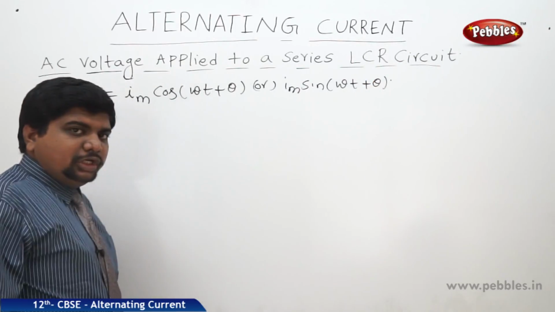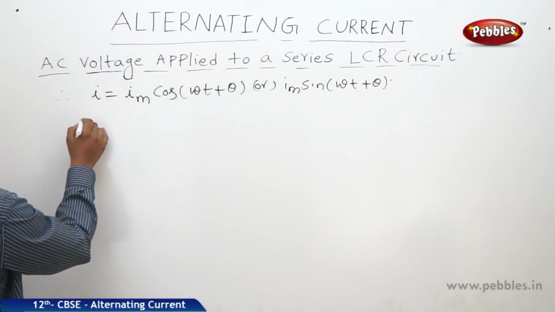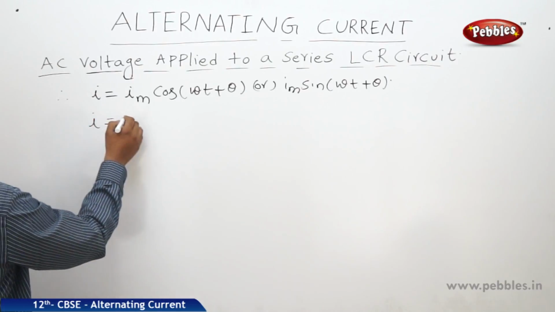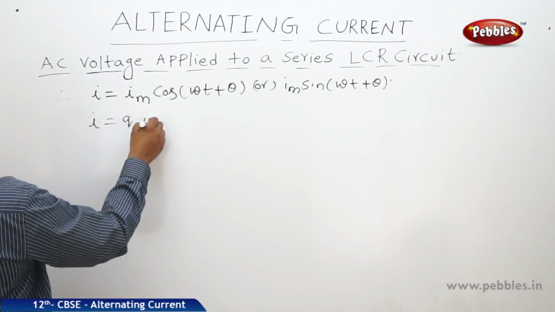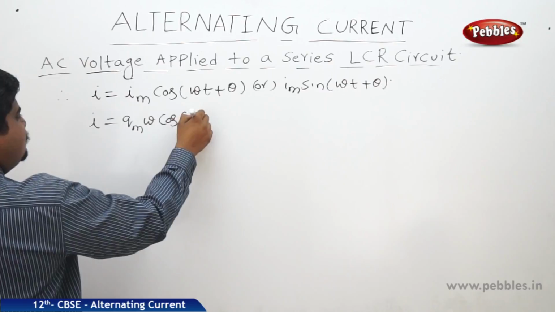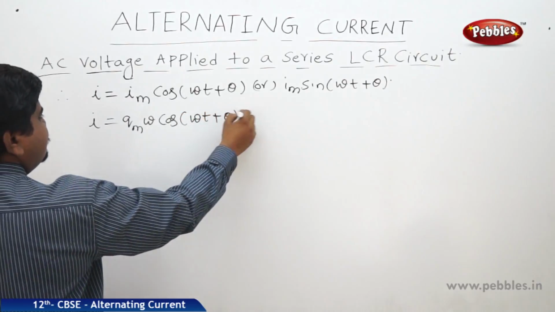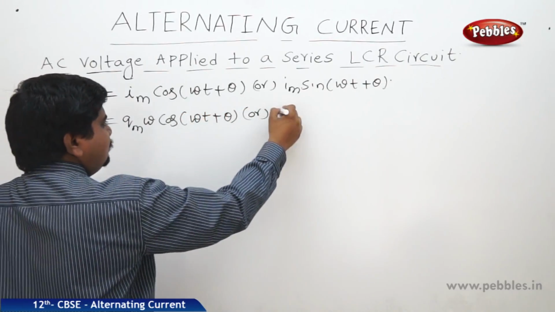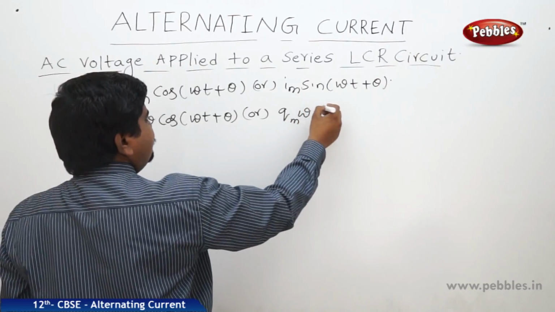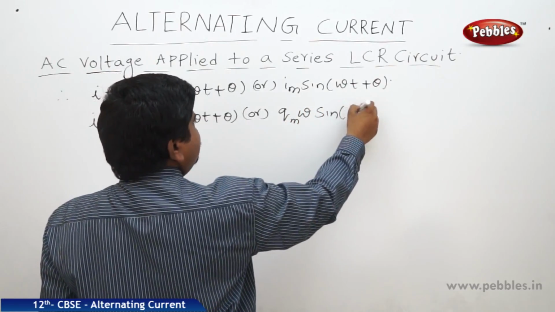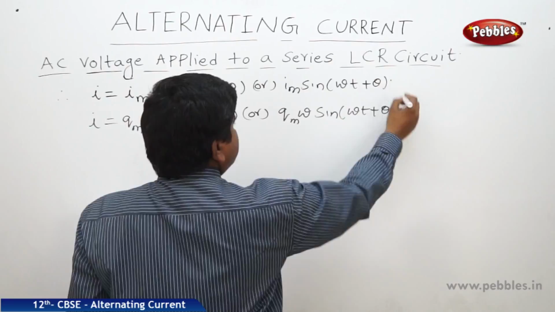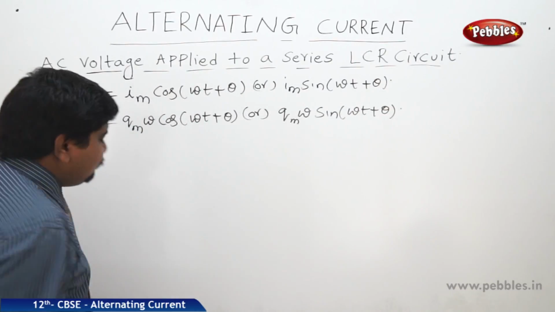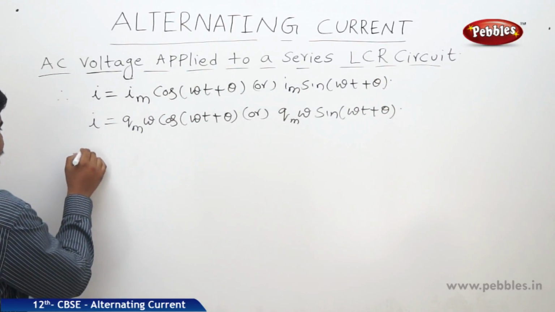We already got the solutions for Im. What is Im? Omega qm. That's why we can write qm omega cos(omega t plus theta), or qm omega sin(omega t plus theta). And one more thing we have got like this.